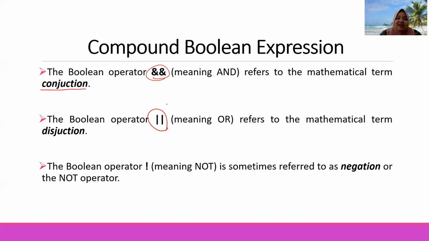Okay, macam palang-palang tu, meaning this one is or, refers to the mathematical term disjunction. Maksud disjunction ni adalah menidakkan, penolakan and so on. Pilih antara satu, itu maksud or. The Boolean operator not, meaning not, is sometimes referred to as negation or the not operator. Okay, pembatalan, itu maksud menidakkan, menyangkalkan semula. Okay, itu dia, itu maksud negation.